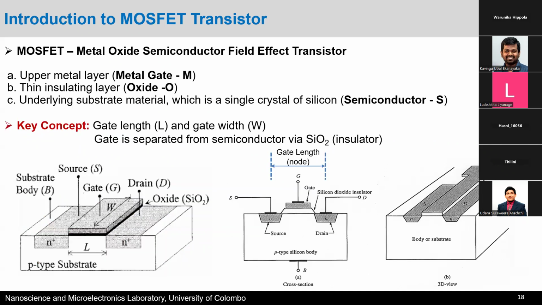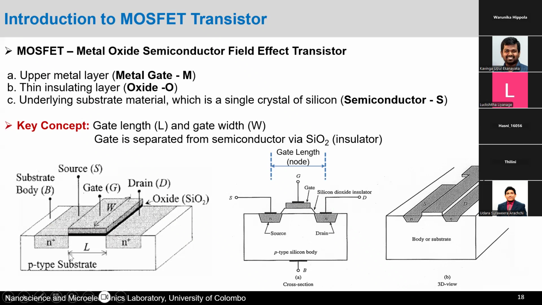So other key concepts that are important for the MOSFET transistor are the gate length and the gate width. The length of the transistor is the distance between the source and the drain, and the width of the transistor is the width in the second dimension, right?